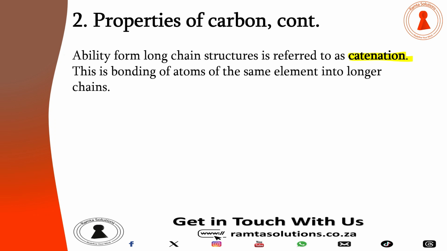But for your grade 12 syllabus, you are limited to a maximum of 8 carbons in the longest chain. There can be substituents in the process, but the longest chain will be 8. You're going to see that later.